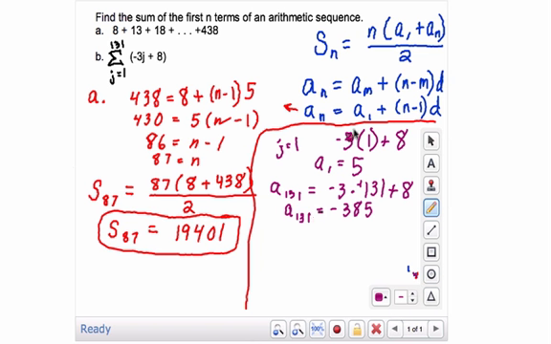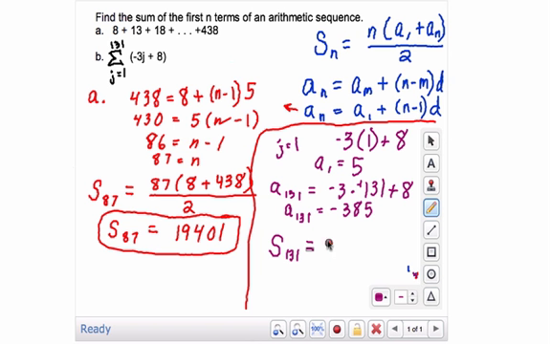Okay, so now we have everything we need. We can plug this into the sum formula. So the sum of the first 131 terms in your sequence. We know it's an arithmetic sequence because they told us that, but you also could figure it out by plugging in 1, 2, and 3 for j and looking at the pattern.